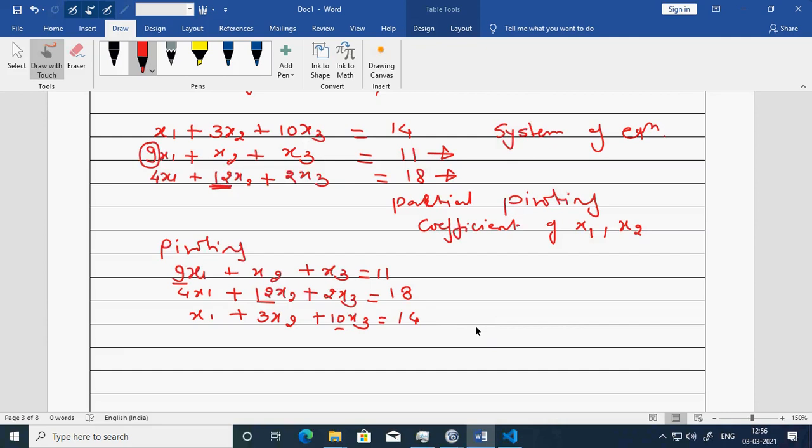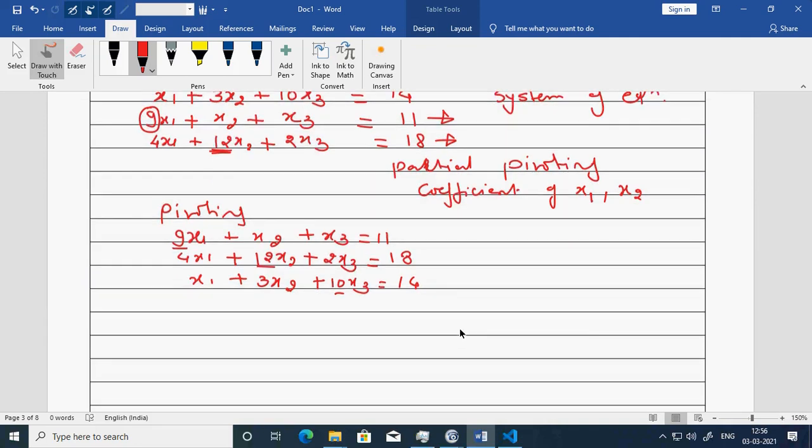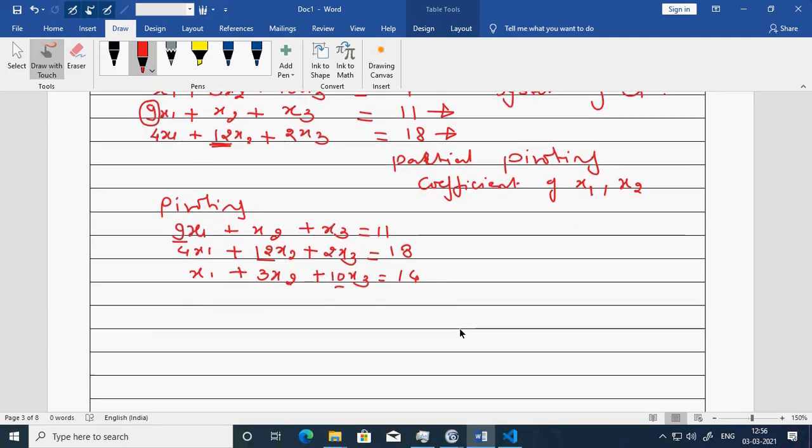Okay. So now what we can do, we will form the system. Since what we want to achieve with the pivoting, what's the advantage I'm going to get?